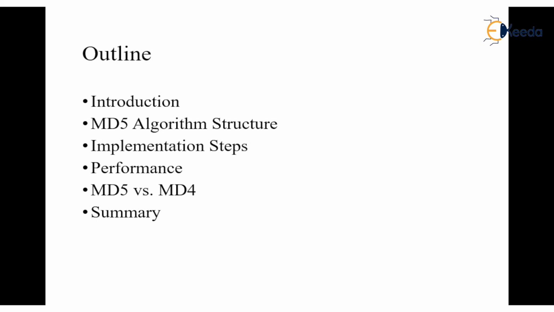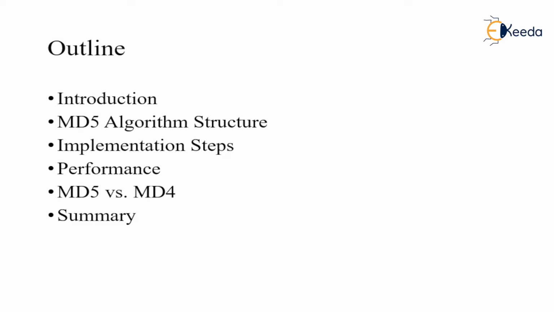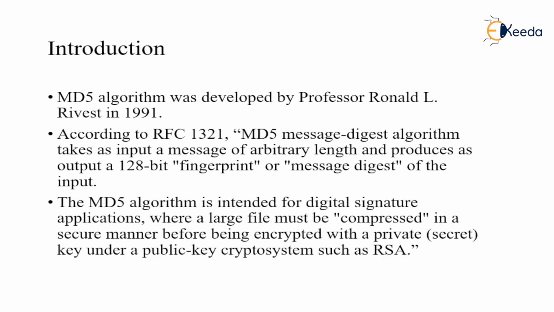This is the outline which we'll be seeing in this particular lecture, that is what the MD5 algorithm is, what is its algorithmic structure, what are the different implementation steps, what is the performance, comparison with the MD4 algorithm, and the summary. So to begin with its introduction, the MD5 algorithm was developed by Professor Ronald L. Rivest in the year 1991.